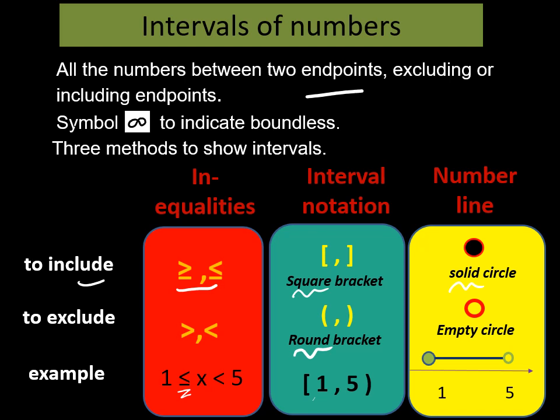This is our number line. We have the endpoints 1 to 5. How do we include 1? We use a solid circle here, and for 5 we use an empty circle. Then connect these two values. So this is how to represent an interval of numbers in inequalities, interval notation, and number line.